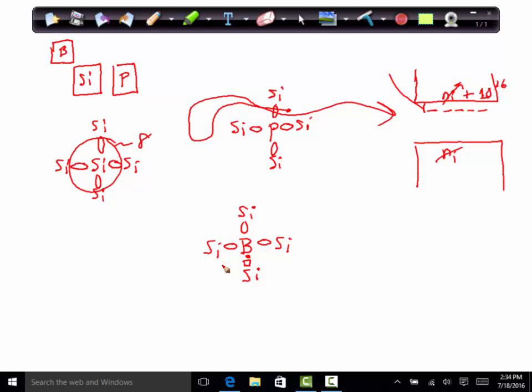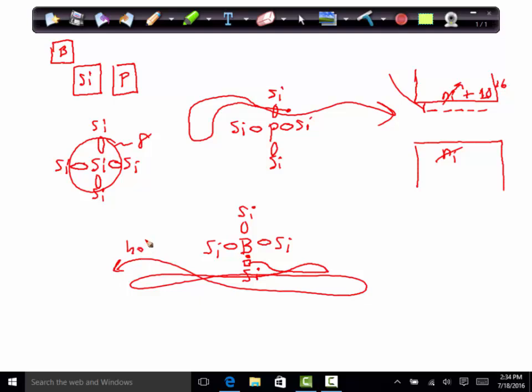In the case of boron, we have a hole which is free, and it can roam around the crystal and conduct electricity. That lack of electron, or hole, exists in the valence band, and these are called free holes.